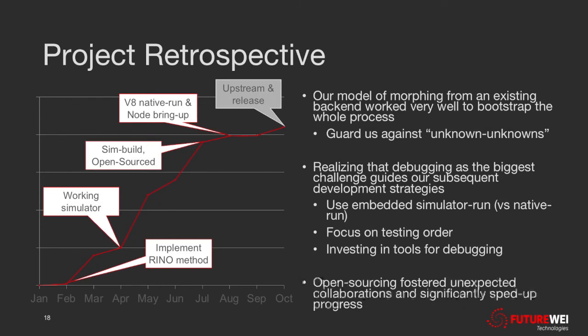And the last point we want to point out is that open source really fostered unexpected collaborations and has significantly sped up the progress. In fact, for the step from simulated run to native run, we relied a lot on the PLCT team's expertise in working with QEMU and the native board. So it has significantly shortened the time between these two steps.